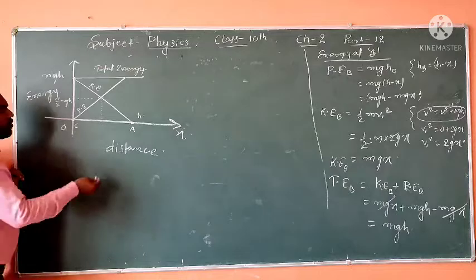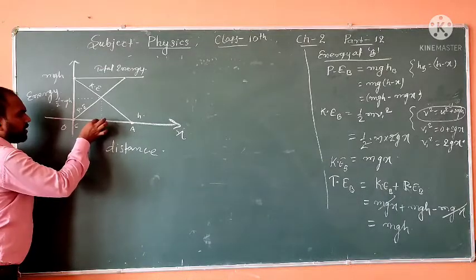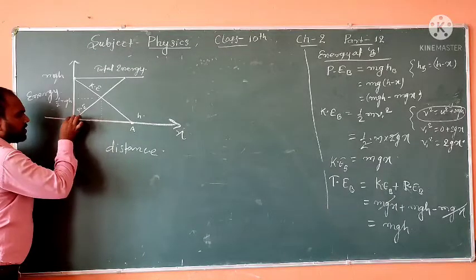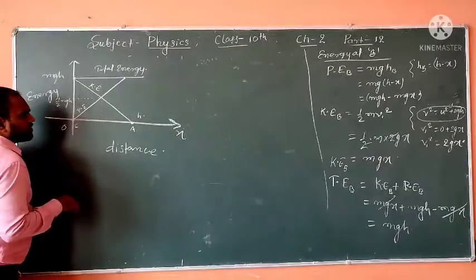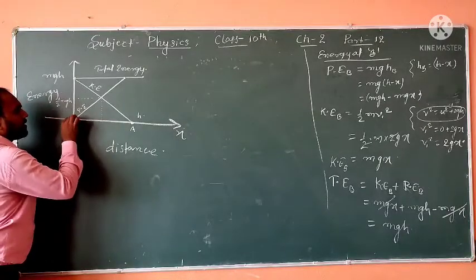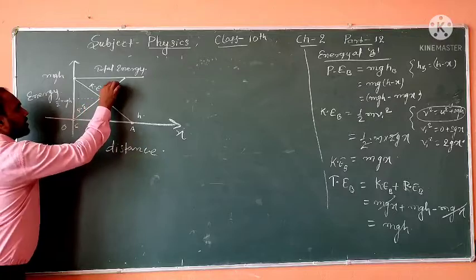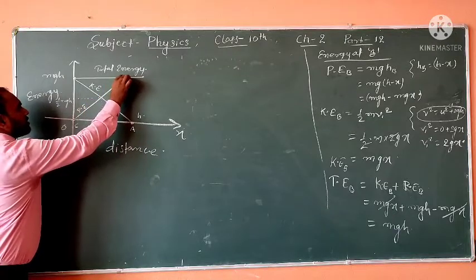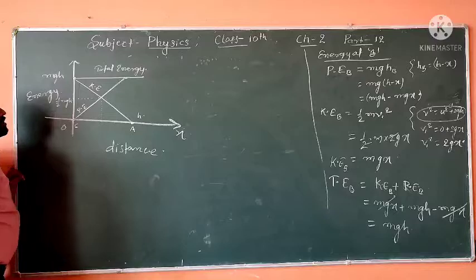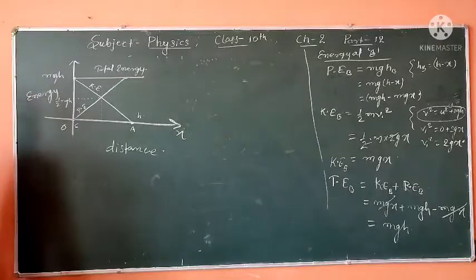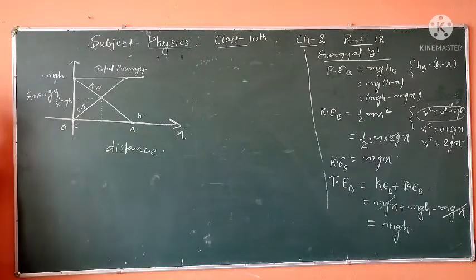When the body reaches point C, at a 0 distance from the Earth's surface, its kinetic energy has become mgh. I hope you are able to understand this.